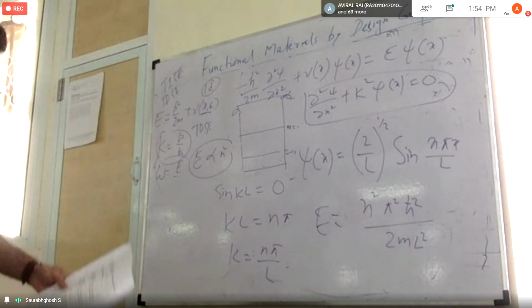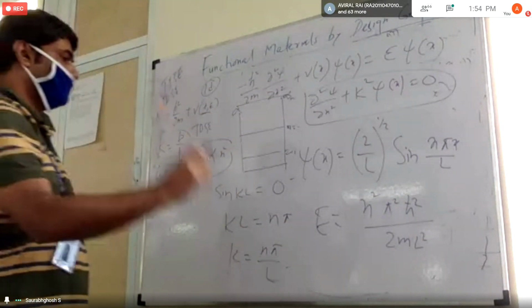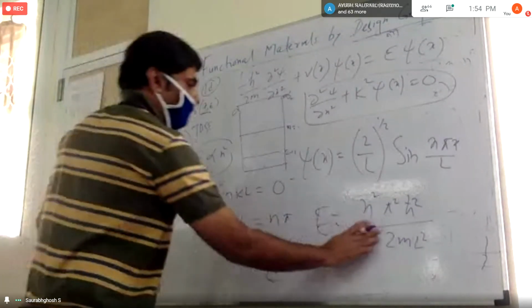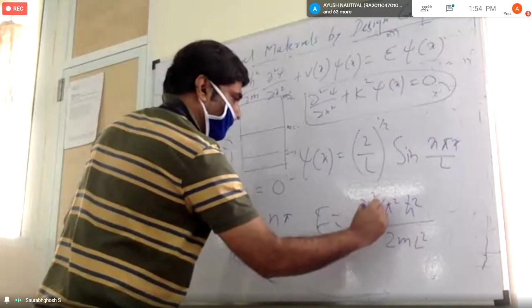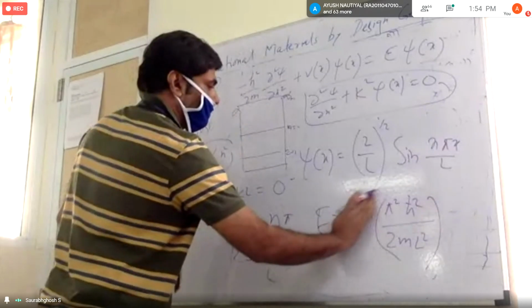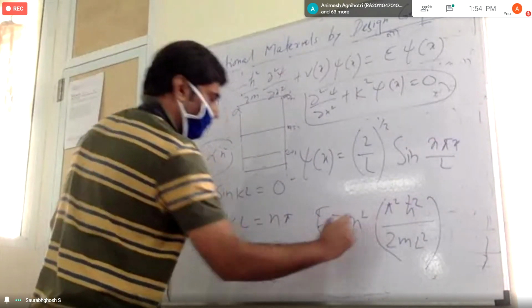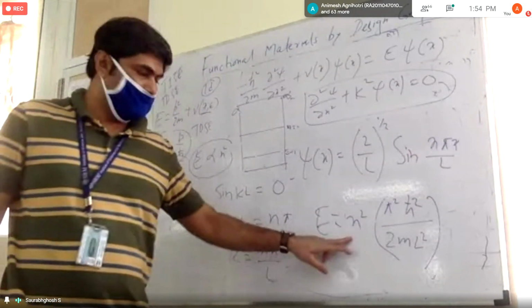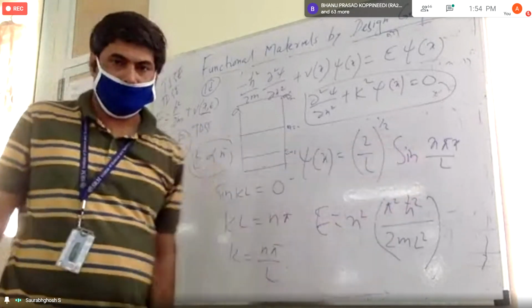Sorry, it should be L square there. So this is the energy. This term is constant, so you have n square times this. So your energy is discretized and you have a wave function like this, right?